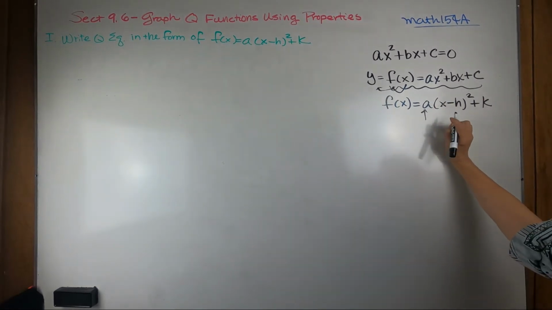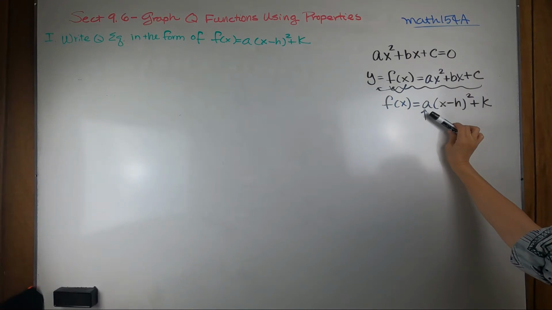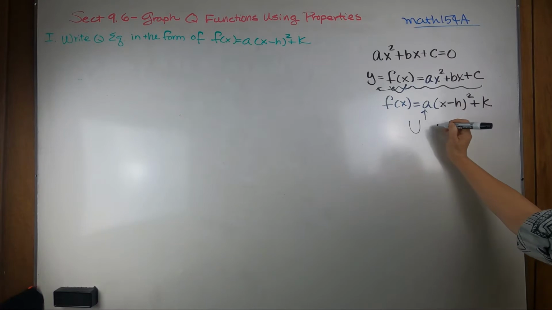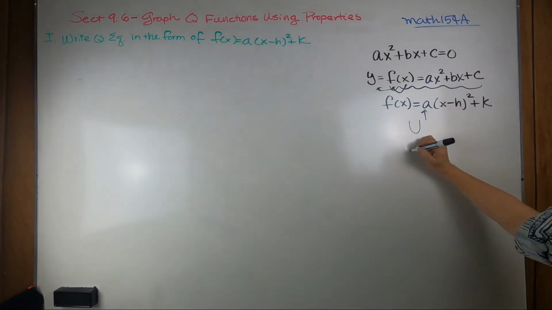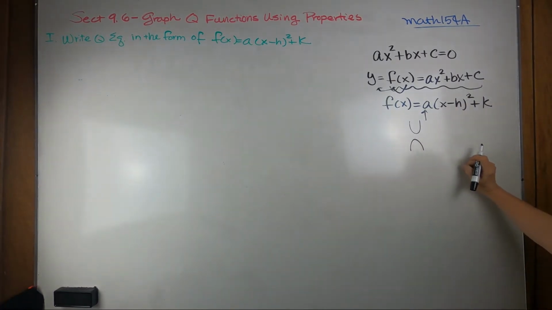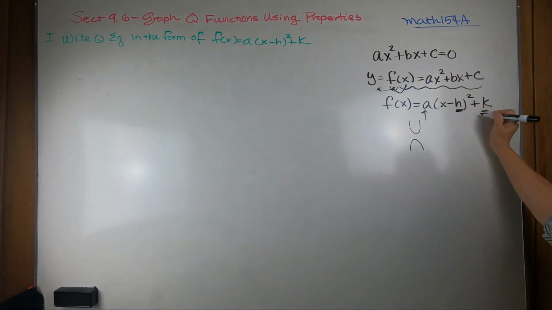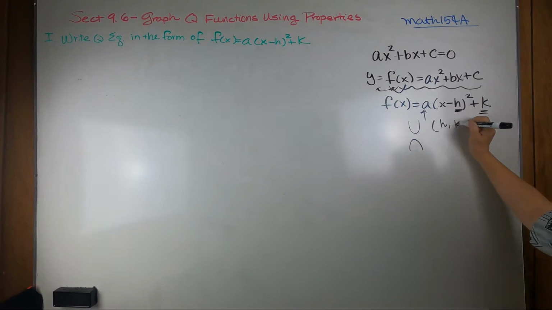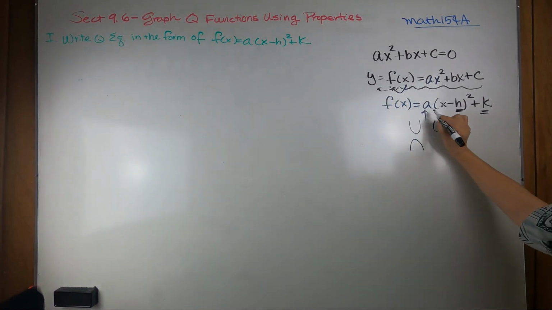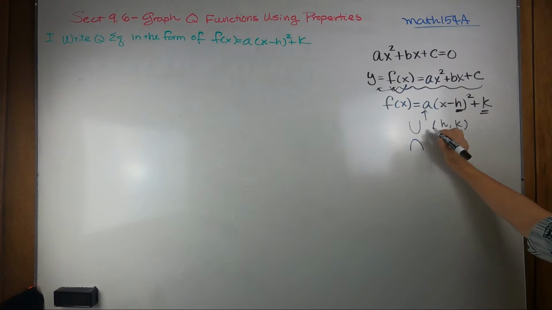We did earlier, if a is bigger than 0, it opens up. If it's negative, it opens down. And also, it tells you the vertex, which is (h, k), right?